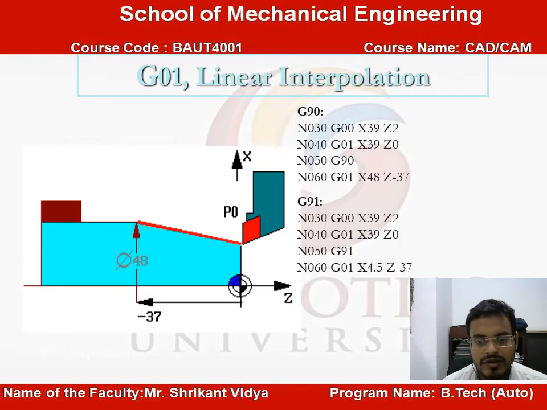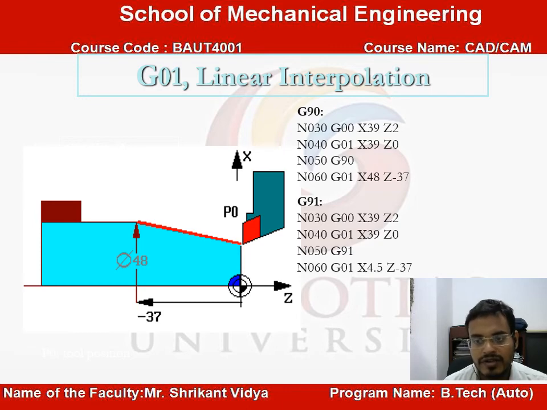Now, how can you represent G01 linear interpolation? G90 is the absolute dimension and G91 the incremental system. In the block, G00 movement in air X39 Z2. Then when G01 comes, G00 will be deactivated, and now linear movement will take place from X39 to Z0. Then G90, then G01.